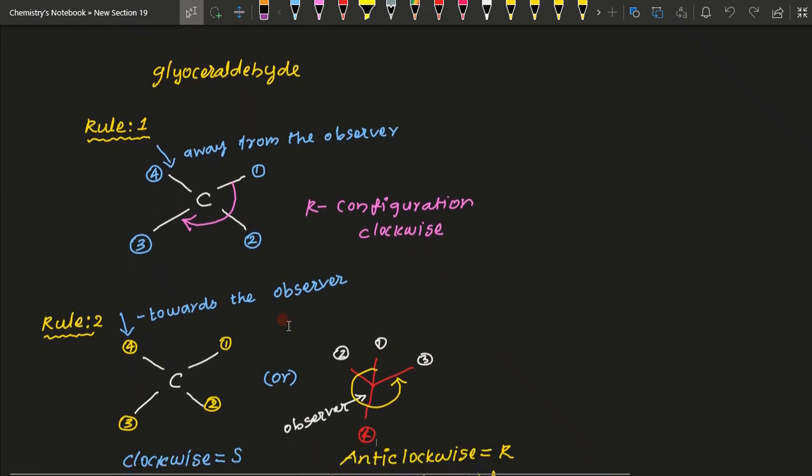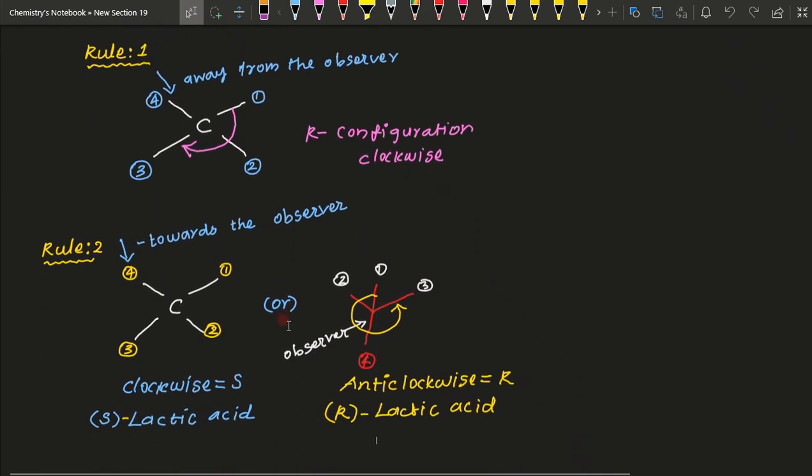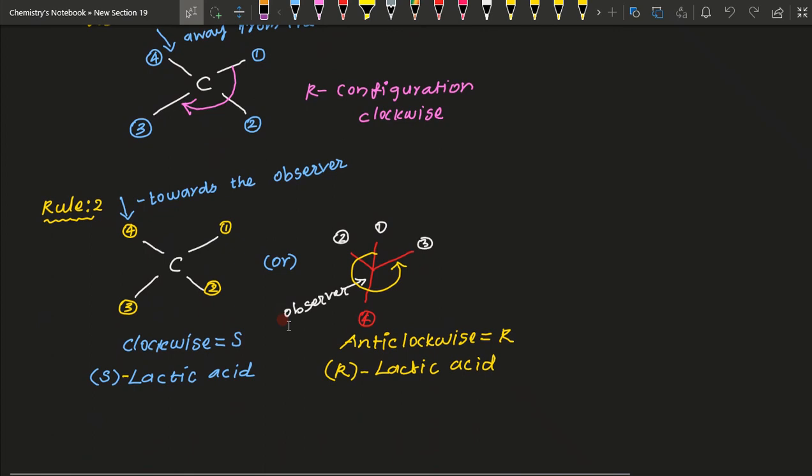Rule 2, towards the observer at fourth, this is view, this is view. So this is going to anti-clockwise, so observer, this is going to anti-clockwise R. The clockwise is S lactic acid, the anti-clockwise is R lactic acid.